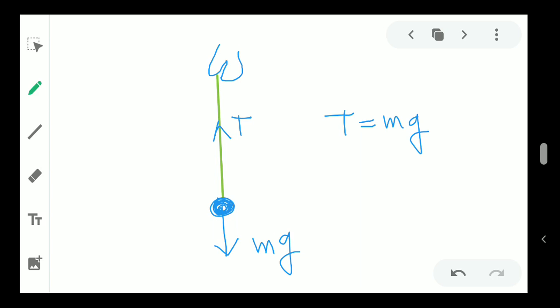Now what will happen if you suddenly pull the whole system upward with an acceleration? You can see that the ball, because of its inertia, wants to be in its own state, that means its own place. If you pull the thing upside, the ball because of inertia will go in the downward direction.